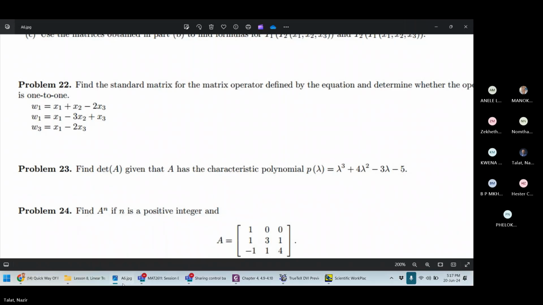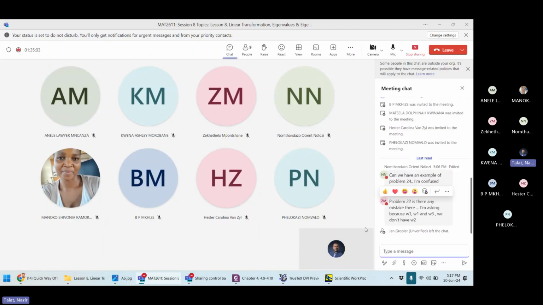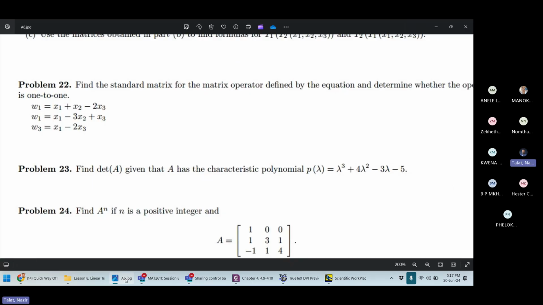And another question, problem number 22. There is no mistake. Here there is W1, there is W2 and W3.